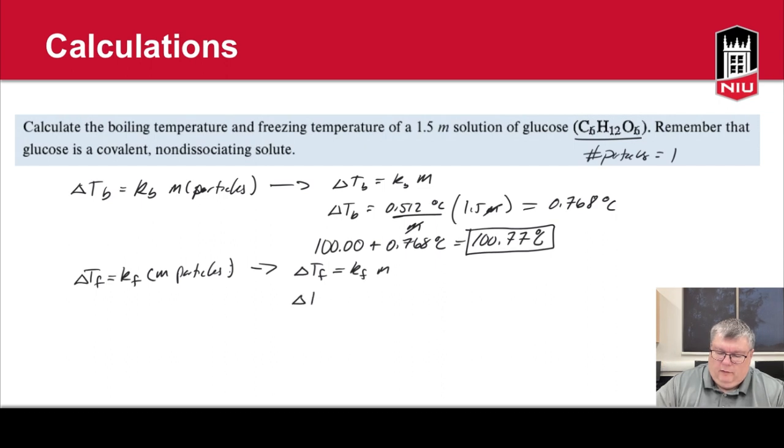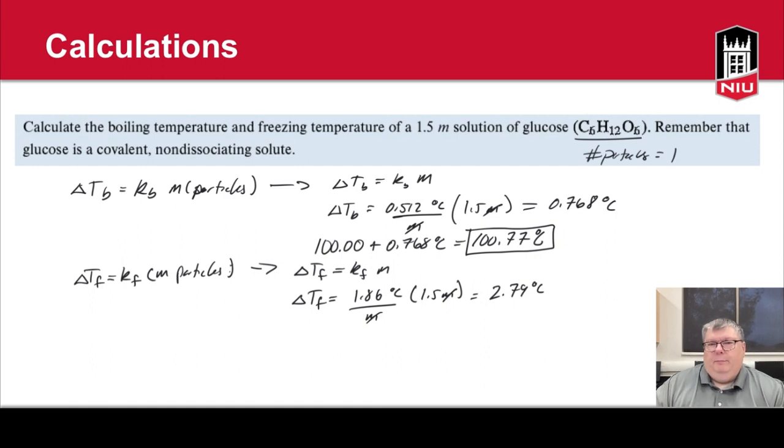Or delta TF is equal to 1.86 degrees C per molal times 1.5 molal. Molality cancels, and we're left with 2.79 degrees C. But this is freezing point depression, so we're going to take our normal freezing point of water, 0.00 degrees C, and subtract 2.79 degrees C, and we get negative 2.79 degrees C.